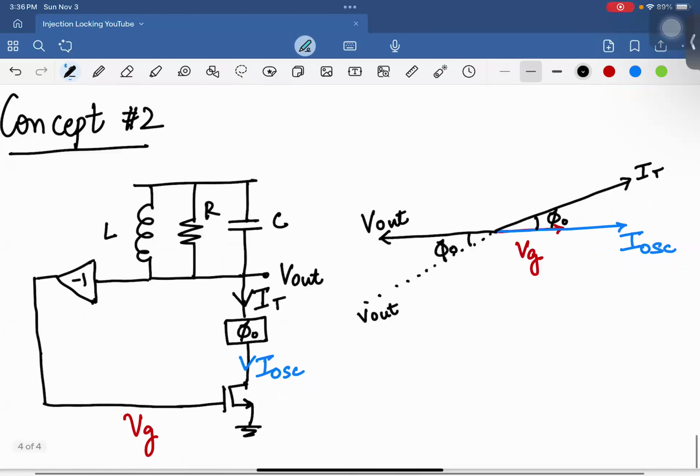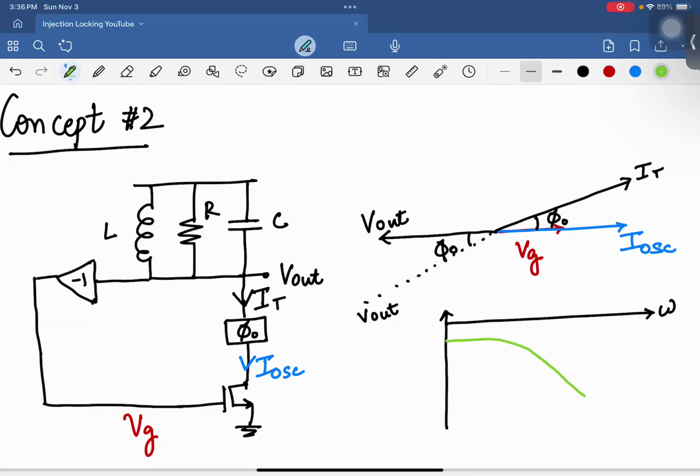Right, so if you actually plot the phase of the tank, so this is sort of the tank phase as a function of omega, that looks something like this, right? And then at omega naught, this was 180 degrees, and that's only because of the way we've drawn the currents here. But what we really want is not 180. We want something that's less than 180, right?